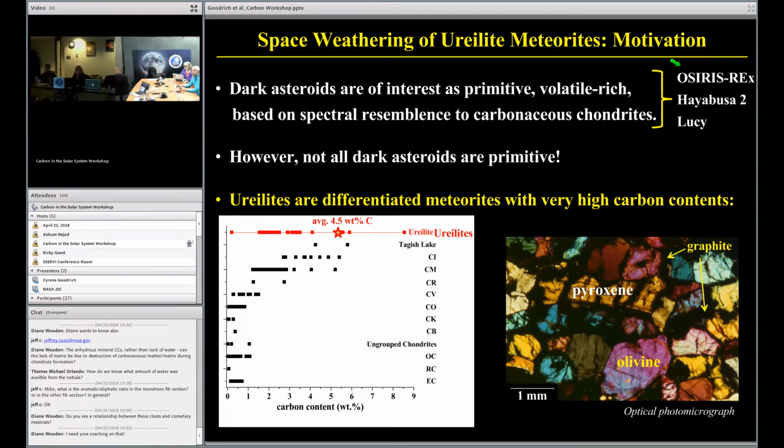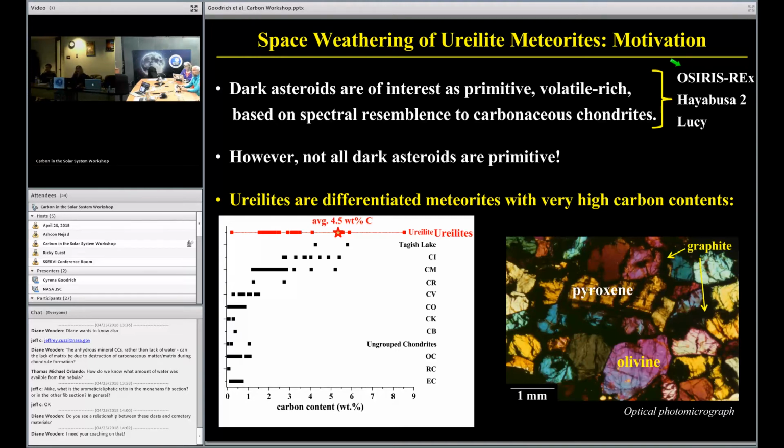So the Ureilites are a major group of achondrites. They're actually the second most abundant group of achondrites after the HED meteorites that are thought to come from Vesta. They're ultramafic meteorites that are thought to represent the residual mantle of some differentiated asteroid.